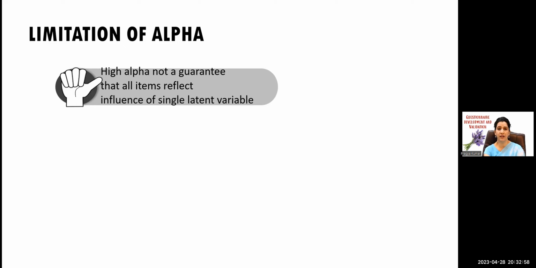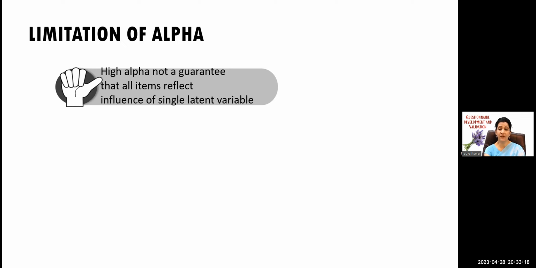What do we mean by this? Alpha assumes that the scale is unidimensional if nothing is known about the scale. So if you have formulated something, or maybe if it is known also, and your population is taking it as a different domain or different construct, then you have to see.